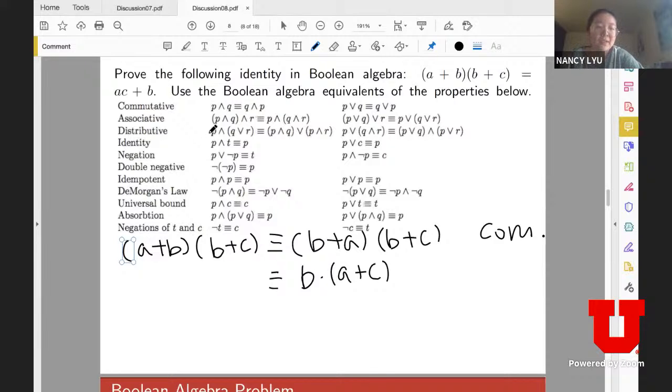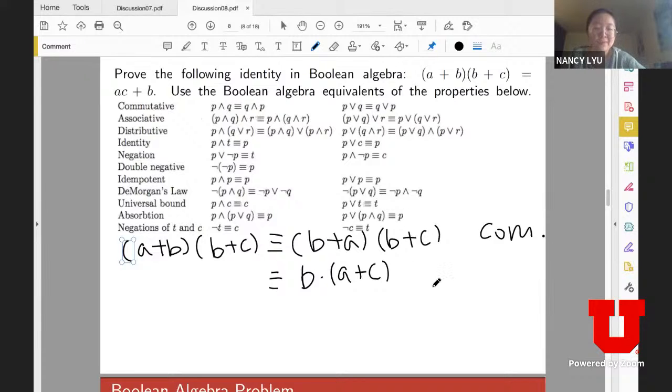The distributive means that A dot (B plus C), using distributive, would be A dot B plus A dot C. So we just want to use exactly the same as we have in the theorem.